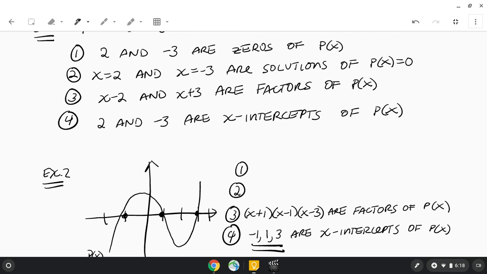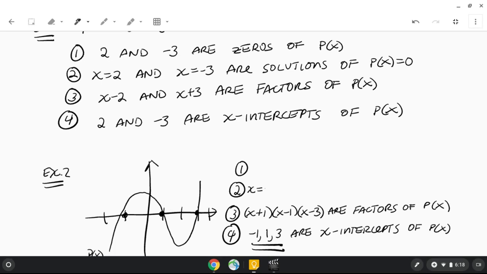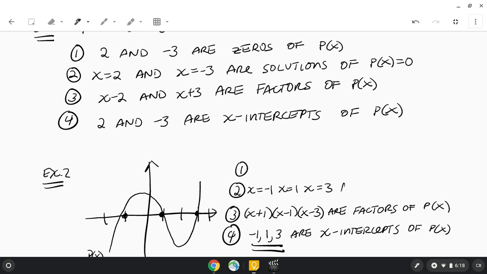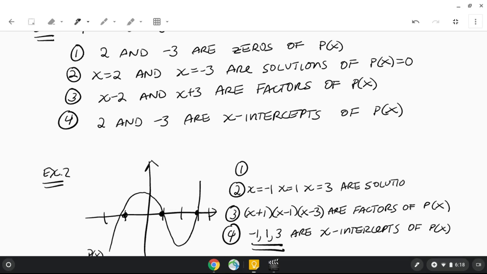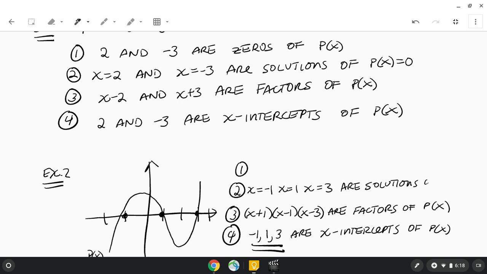Okay, x equals 2, x equals negative, the solution. So the solutions are the same as the intercepts. So we can say x equals negative 1, x equals 1, x equals 3 are solutions of p of x equals 0.